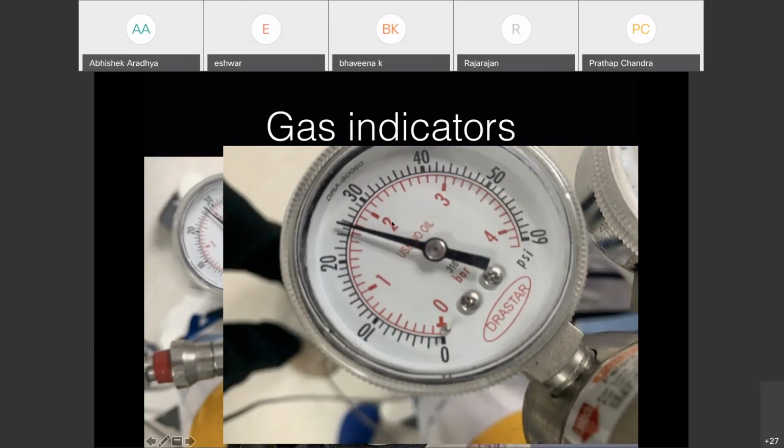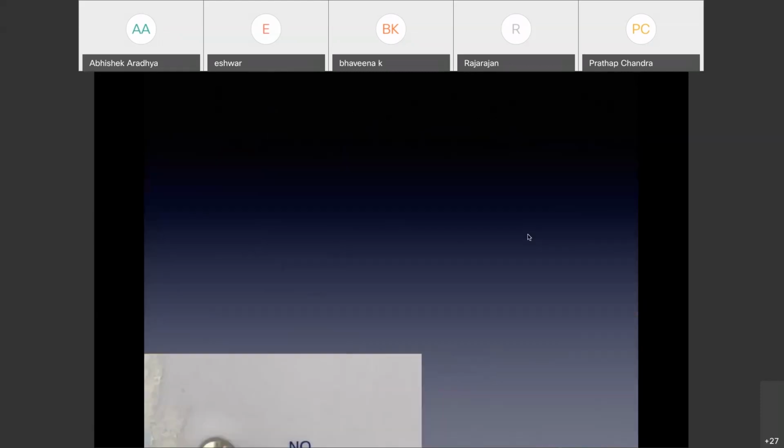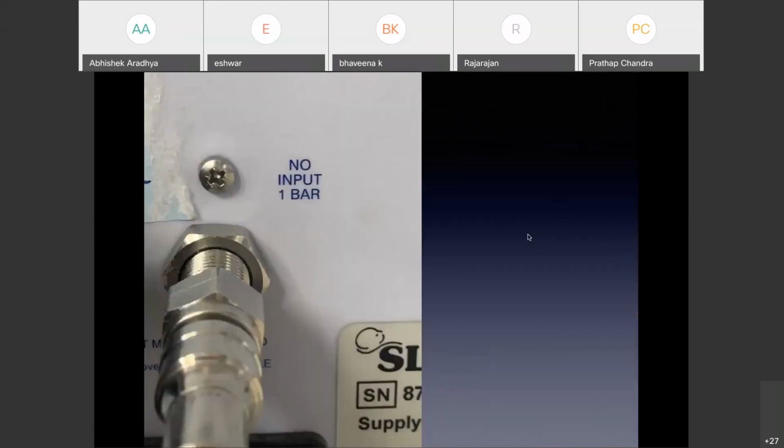The inside one is your bar, 1, 2, 3, 4, and the outside one is your PSI, which is pressure in different values and system. You need at least 1 bar pressure for your nitric oxide input that should get into the SLE system.